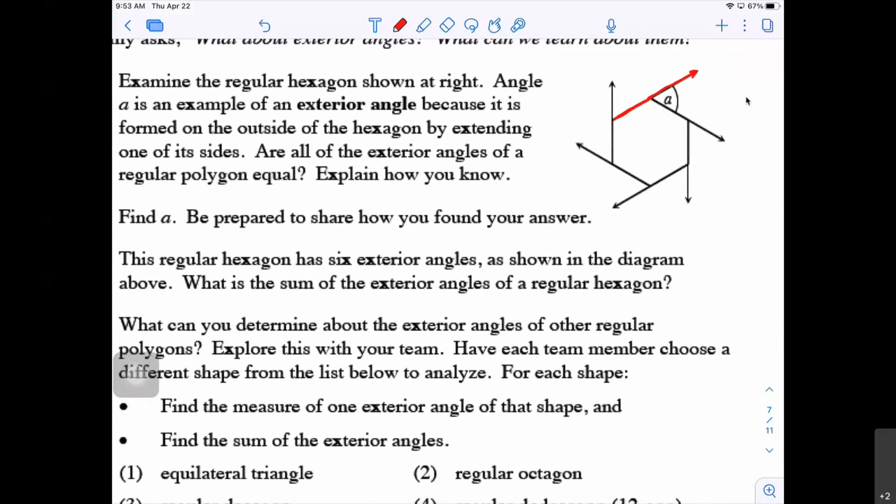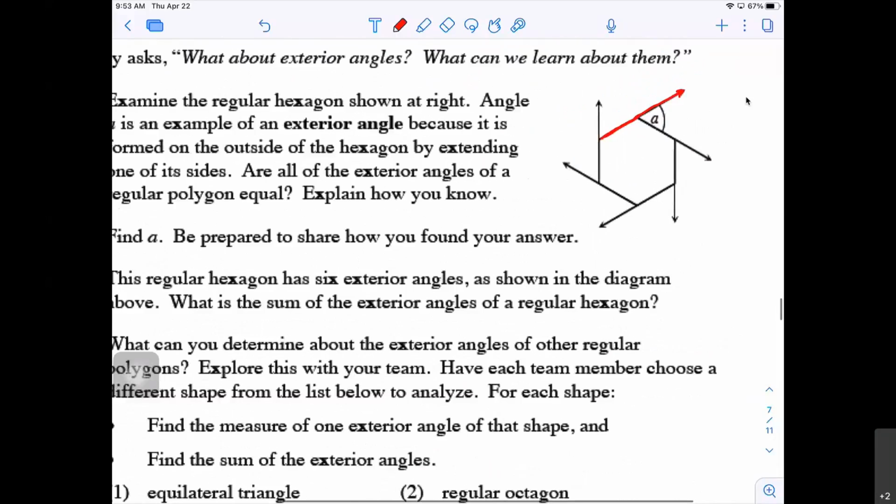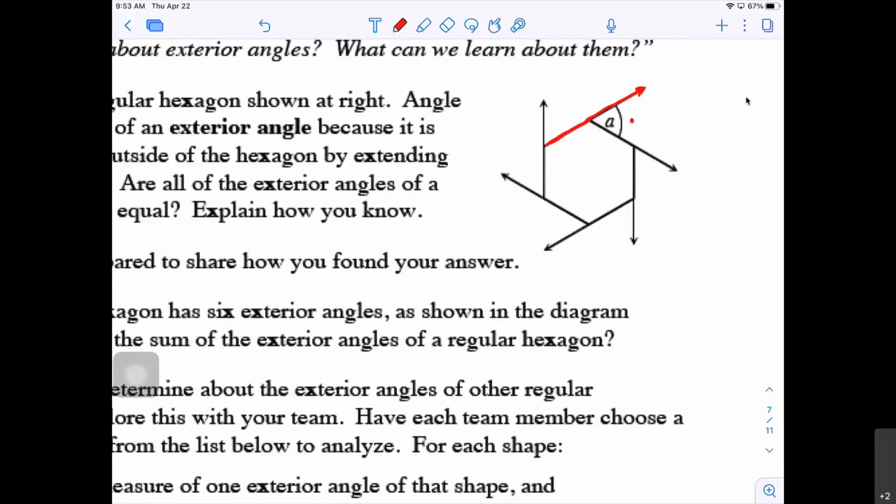Think about that for a second. What do you think? Intuition, are all these six angles equal in a regular polygon? Yes? Why? Give me some reasoning as to why they are. How do you know, without doing any work?